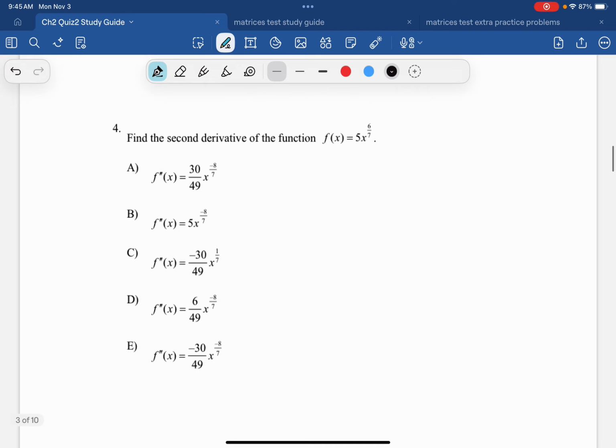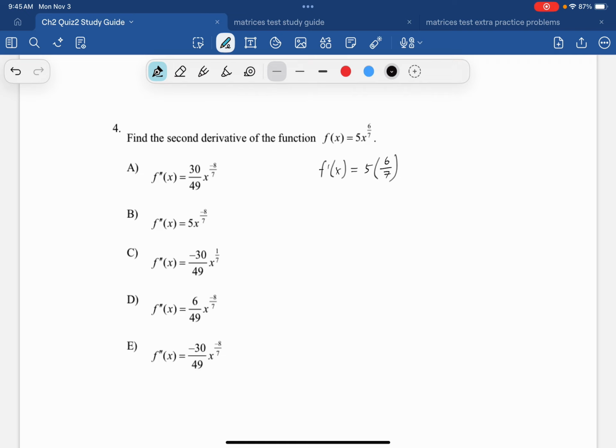Next question. Here I'm looking for a second derivative. And so a second derivative just means taking the derivative twice. So the first derivative is going to be f prime of x. Here I'm going to use power rule. So I'm going to multiply the front by the power.